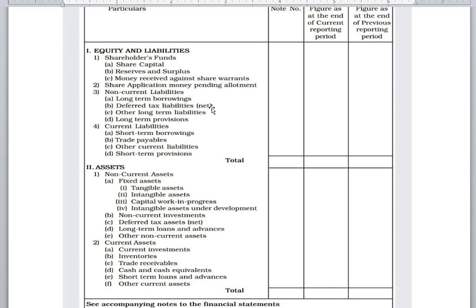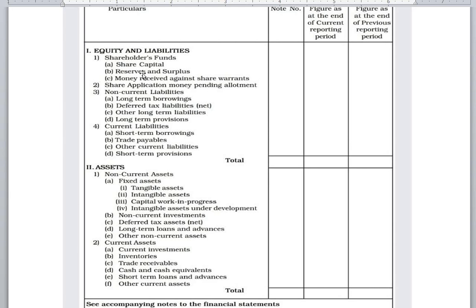So those types of transactions are kept under the name money received against share warrant. In future, sometimes the shareholders will need to convert equity shares into money or money into equity shares, all those things. So these three items are coming under equity.